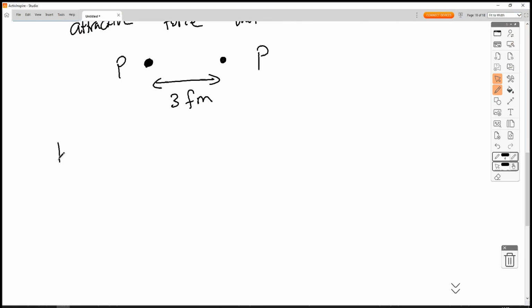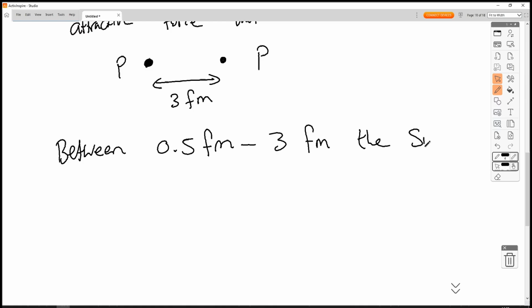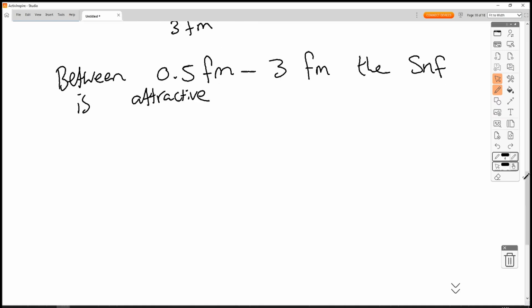So we say that between 0.5 femtometers to 3 femtometers, the strong nuclear force, I'm going to put SNF for short, is attractive. Less than 0.5 femtometers, the strong nuclear force actually becomes repulsive.